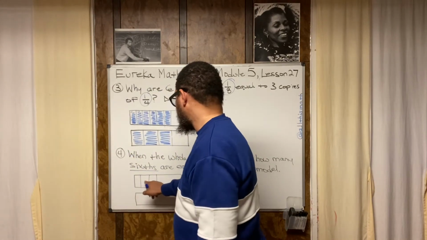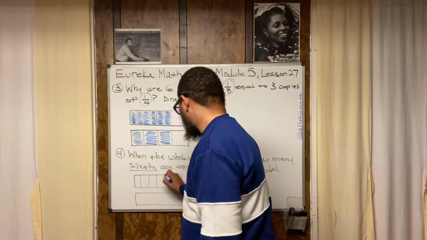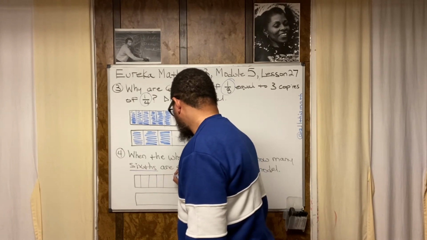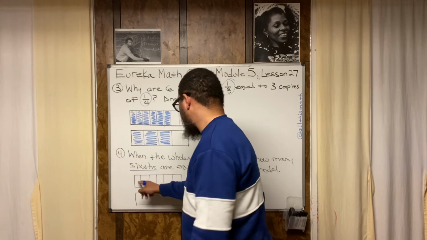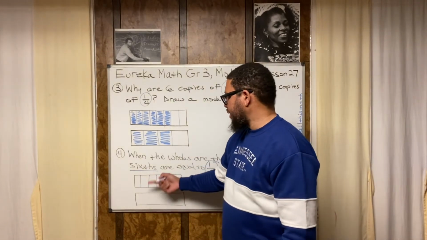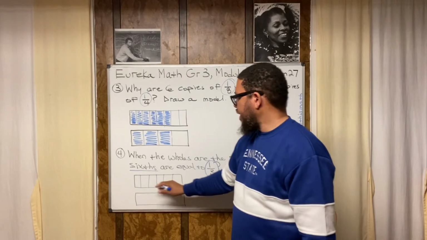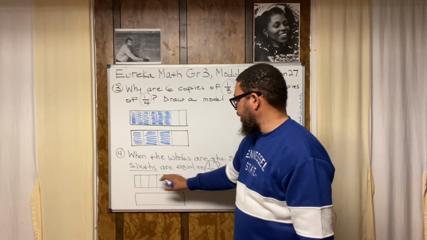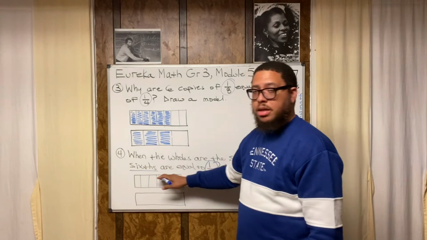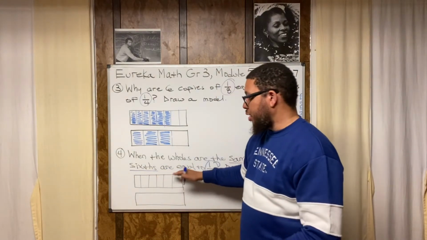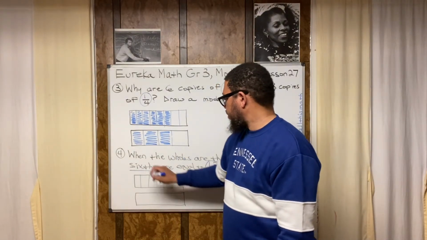Boom. That's 1, 2, 3. And then over here, I'm going to do the same thing. Try to eyeball it. 1, 2, 3. So now I got 6. I got my sixths. 1/6, 2/6, 3/6, 4/6, 5/6, 6/6. Each of these pieces is a sixth because this fraction bar is partitioned into sixths.